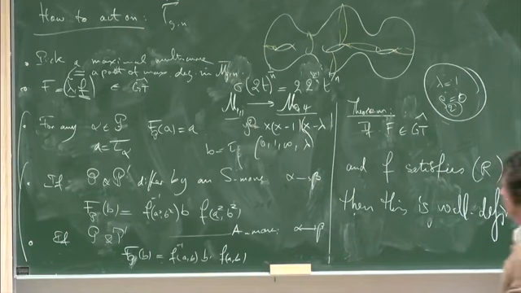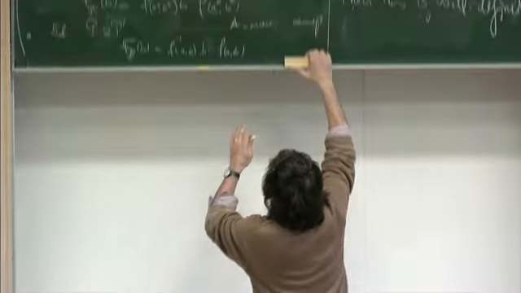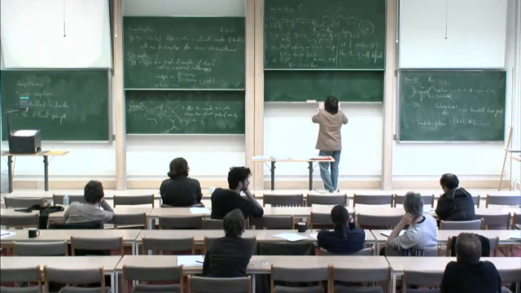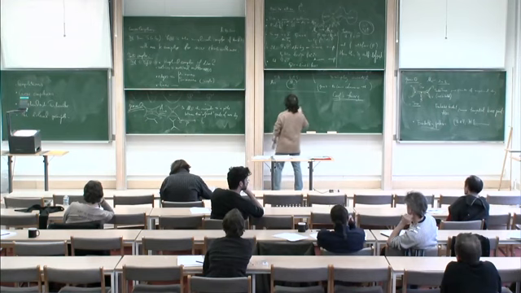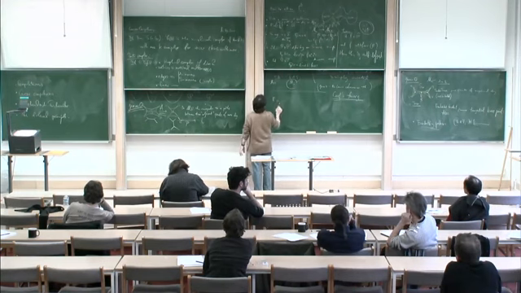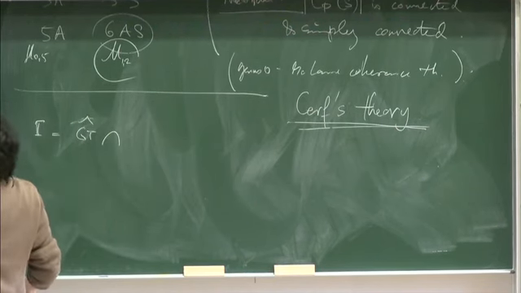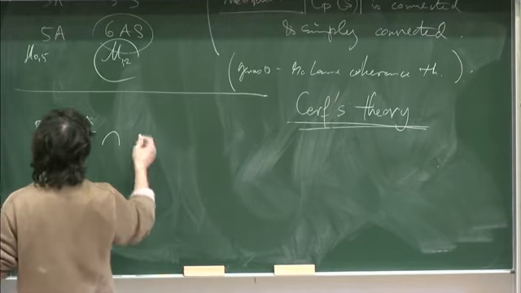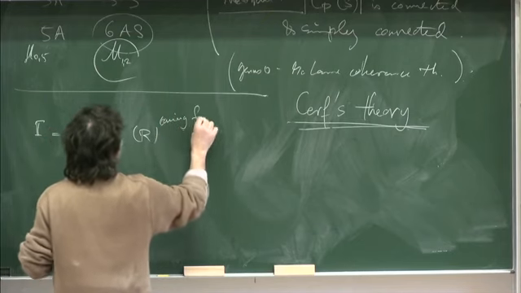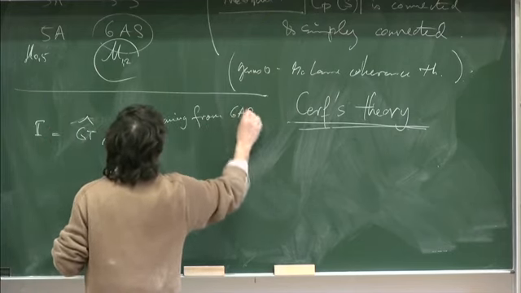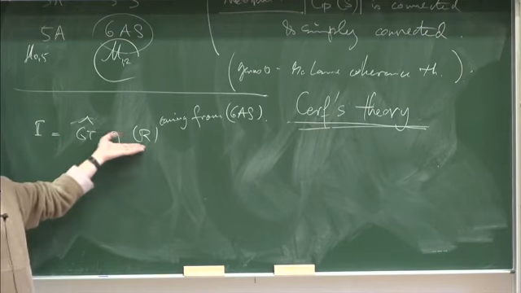So now you can restore this, because it's not crucial. This gamma equals GT intersected with that relation coming from 6AS, and that contains the Galois group.